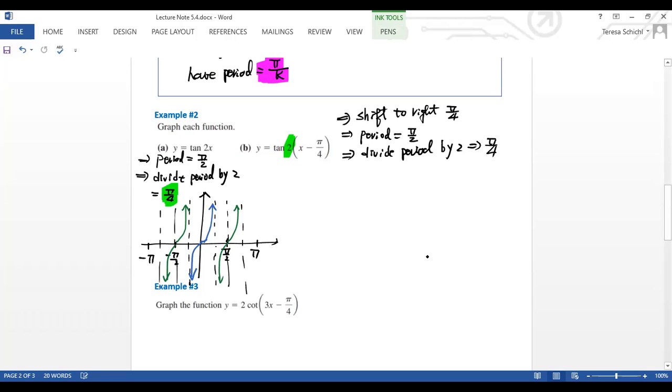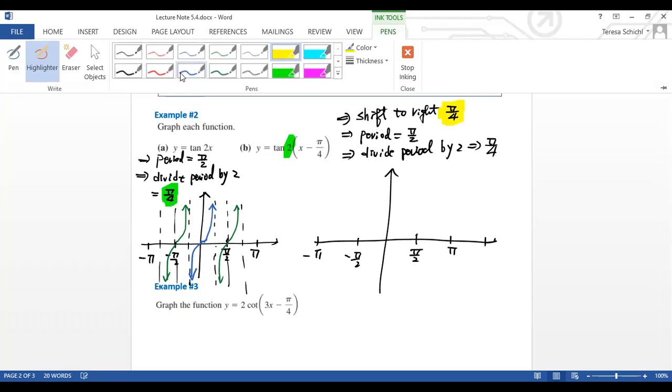Okay, so now let's take a look at how we graph it. This is my graph here, a little bit bigger. This is pi over 2, this is pi, this is negative pi over 2, this is negative pi. They said the first thing is I'm shifting to the right by pi over 4.